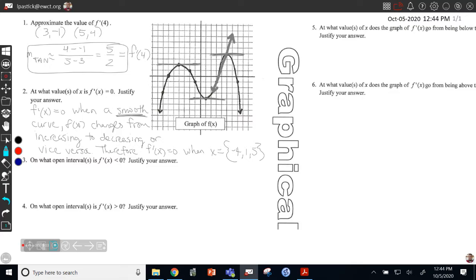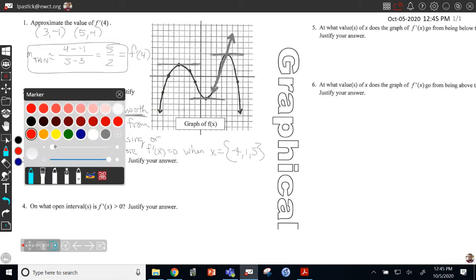The next part says, on what open interval is f prime of x less than 0? The derivative will be less than 0 when the slopes of the tangent lines are negative. The slopes of the tangent lines of the original function will be negative when the original function is decreasing. So let's look at where this function is decreasing.